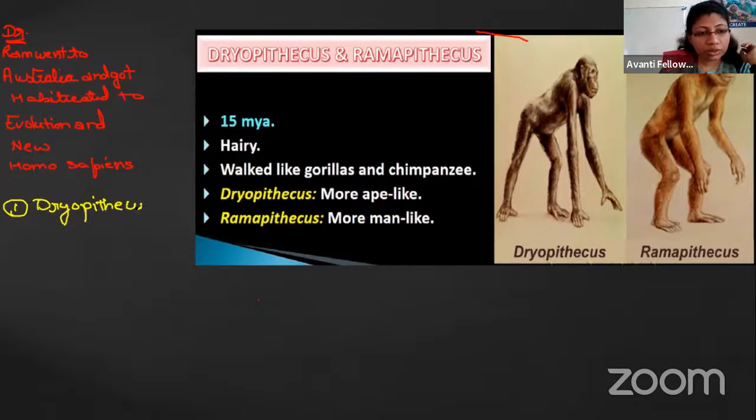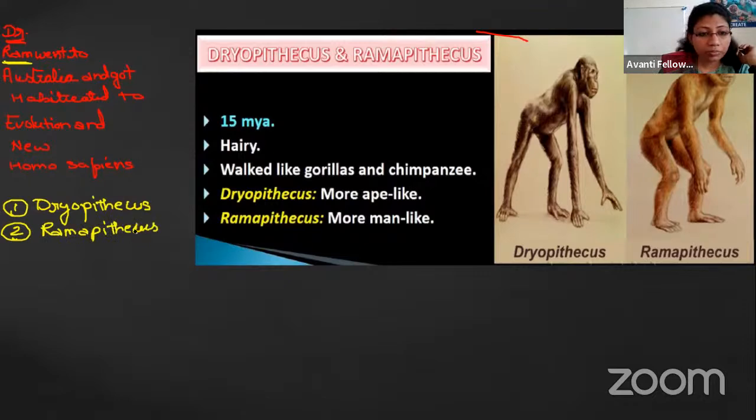The second member is the Ram. The Ram of this mnemonic stands for our second member, that is Ramapithecus.